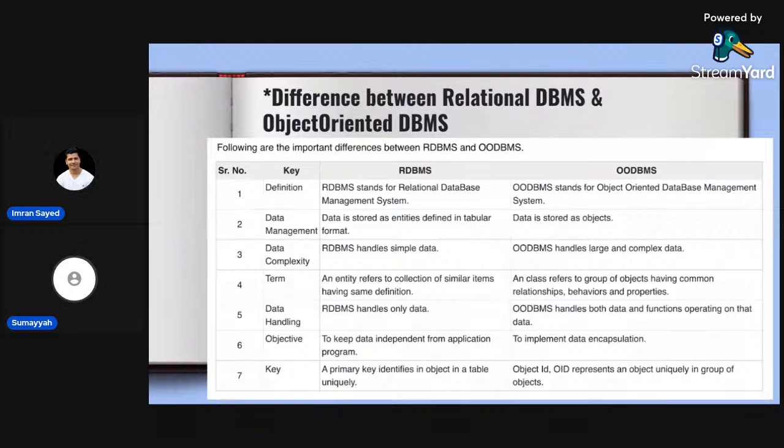RDBMS handles only data. ODBMS handles both data and functions operating on that data. RDBMS's objective is to keep data independent from the application program. ODBMS's objective is to implement data encapsulation. RDBMS has a primary key which identifies an object in the table uniquely. ODBMS has an object ID which represents an object uniquely in a group of objects.